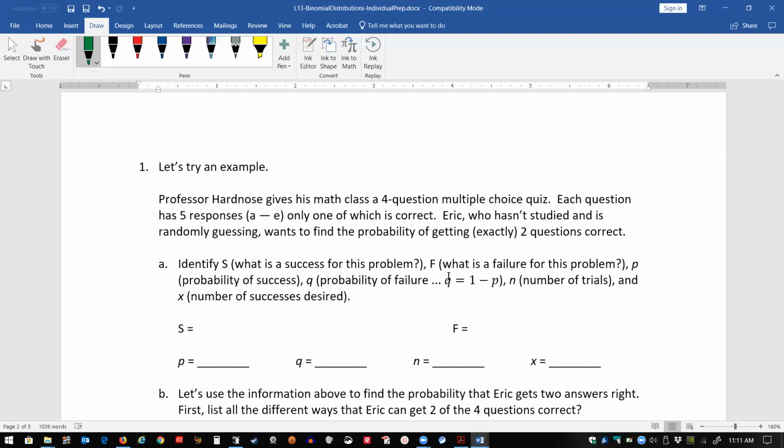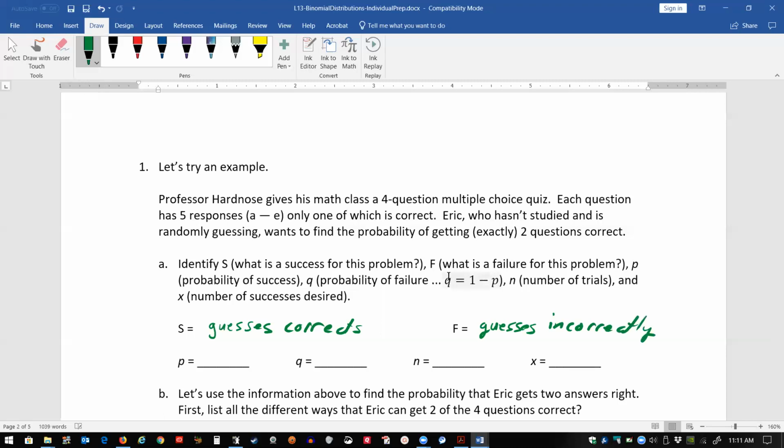Got it? All right, so let's piece together what we know from this problem. First, let's identify what a success is. So a success, Eric guesses the question correctly, right? The failure is that he guesses incorrectly on a question and gets the question wrong.